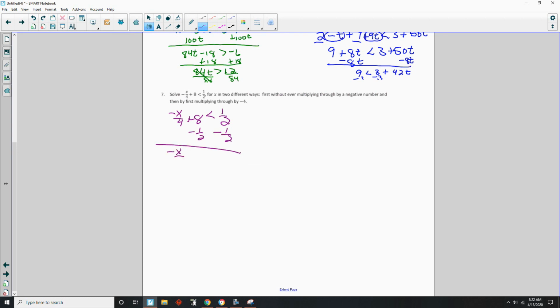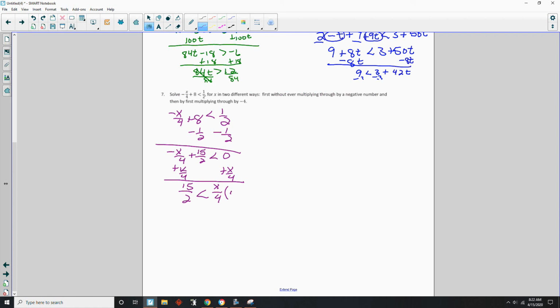So I get negative x over 4 plus 8 minus a half. 8 is 16 halves. 16 halves minus 1/2 is 15 halves is less than 0. I'm going to add x over 4 to both sides. Then I will get 15 over 2 is less than x over 4.